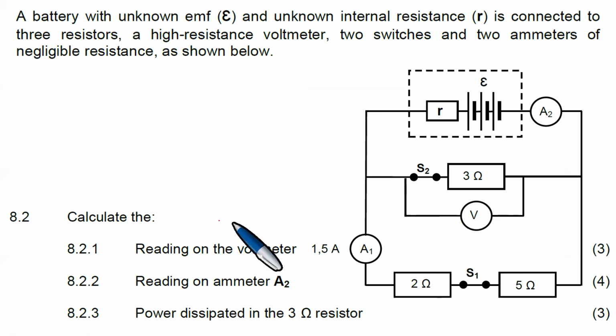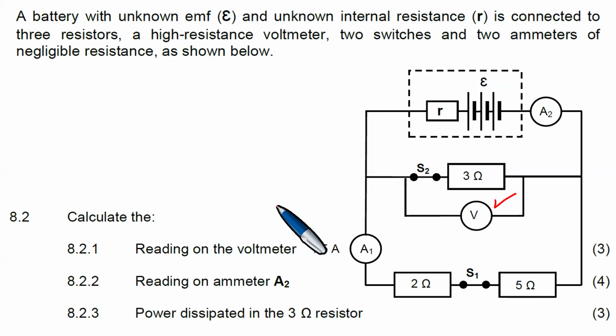Let's perform some calculations here. Calculate the reading on the voltmeter. There is the voltmeter, so we want to find the reading on the voltmeter. But what do we know? We have knowledge of the other variables that exist in this case.